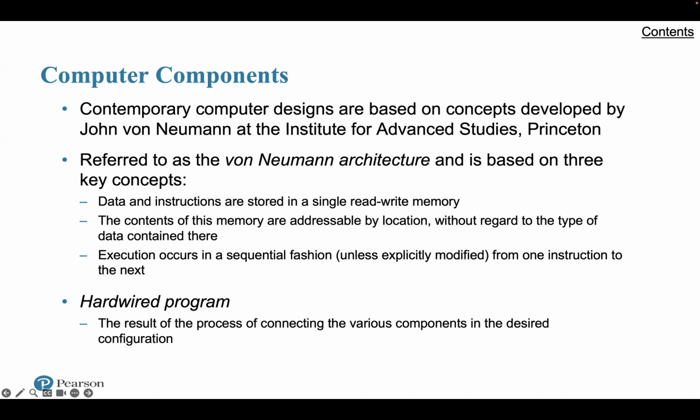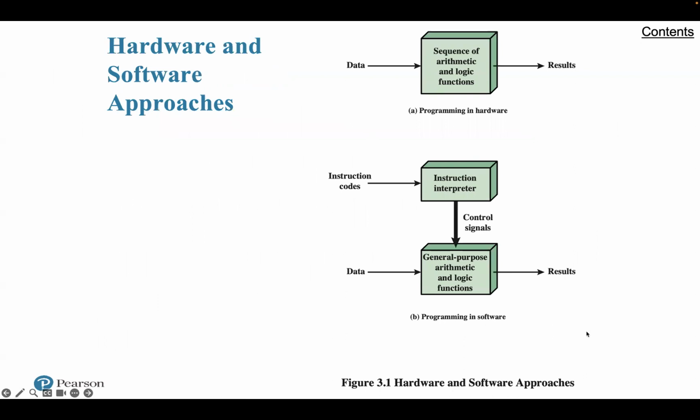Let's continue on here. So here is an illustration of hardware and software approaches. Now consider this alternative. Suppose we construct a general purpose configuration of arithmetic and logic functions. A set of hardware will perform various functions on data depending on control signals applied to the hardware. In the original case of customized hardware, the system accepts data and produces results.